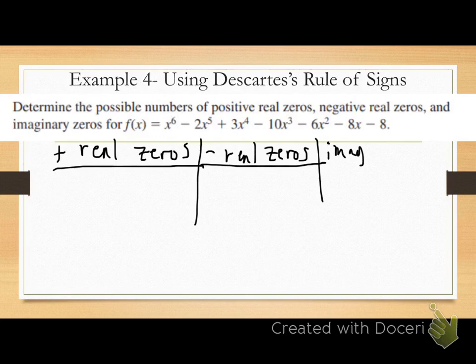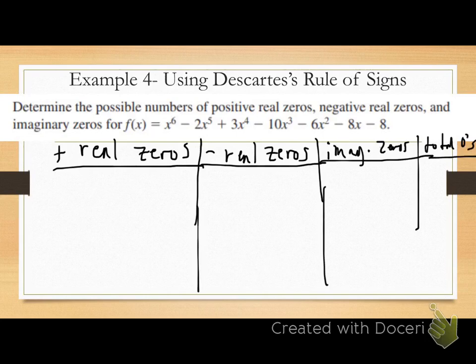Imaginary zeros. And total zeros. So my total number of zeros in each of these columns is going to be 6, because that's how many zeros I have total.